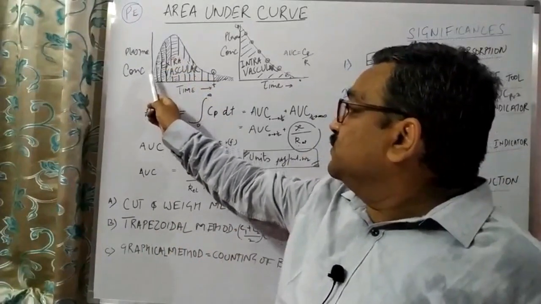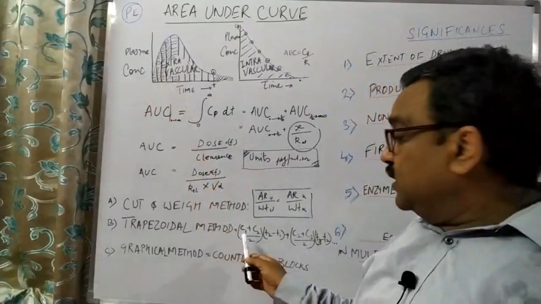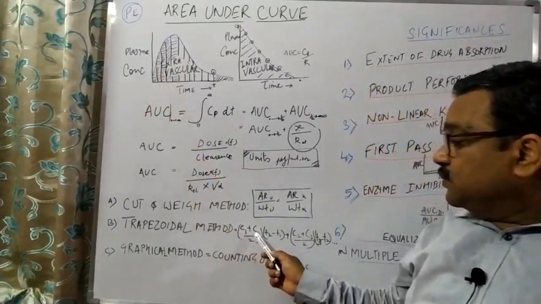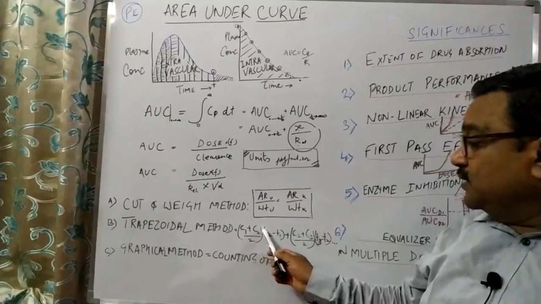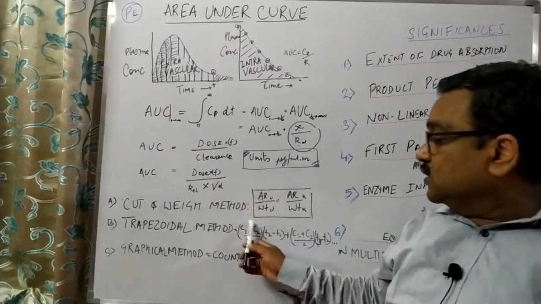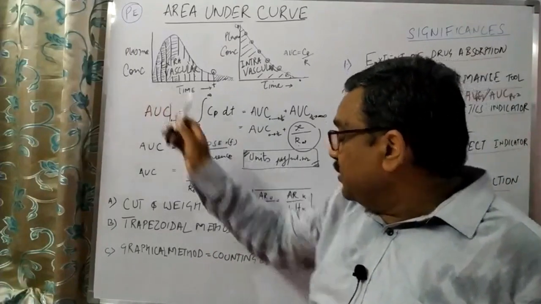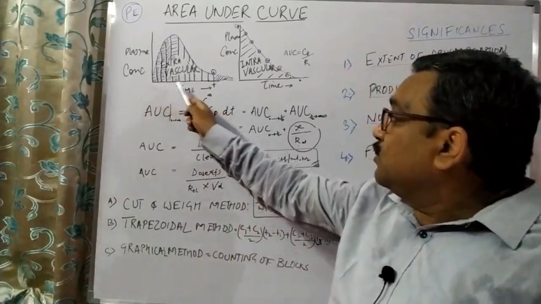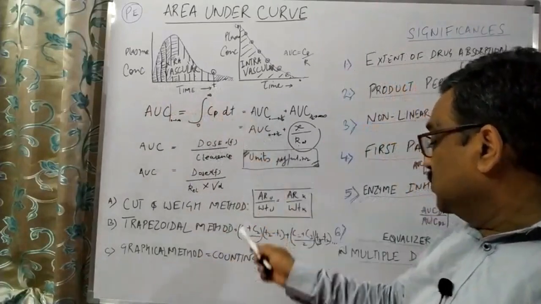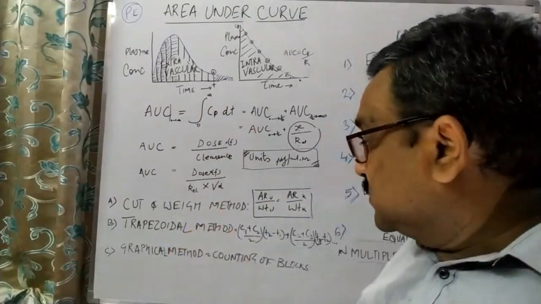Suppose this one is C1, T1, C2, T2. It is calculated as C1 plus C2 divided by 2, multiplied by T2 minus T1. This is the area of trapezoid 1. Similarly, if you want to calculate up to T11, we have to add all of them up to T11.